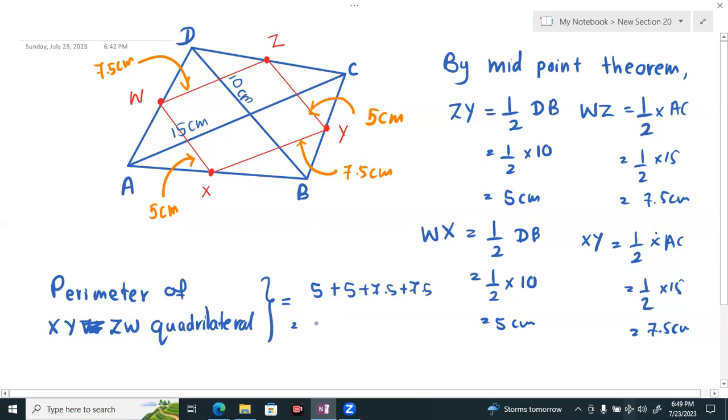It is 25 centimeters. Is this clear? Is this clear?